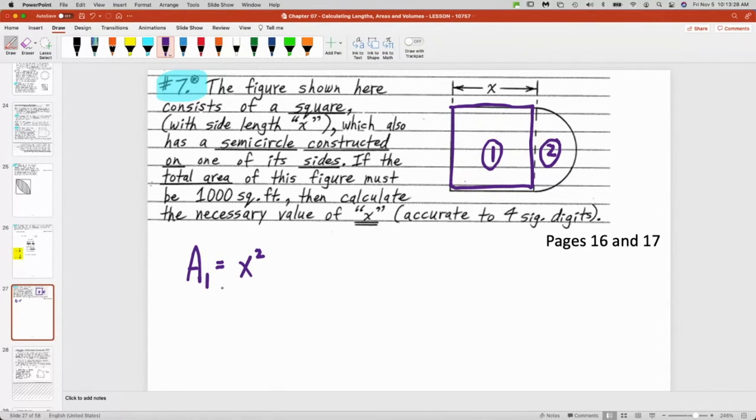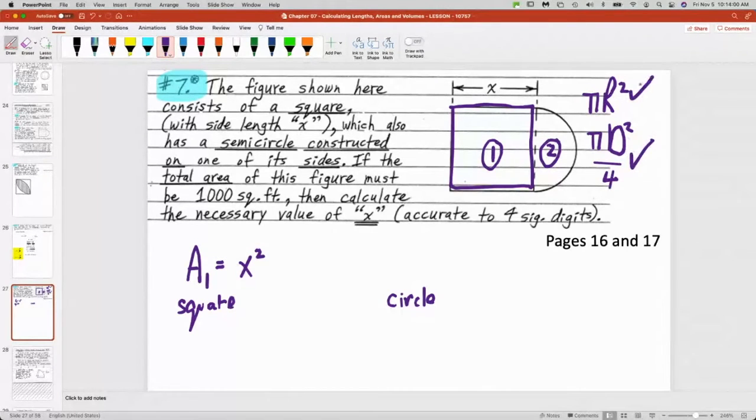Now the second figure is a circle. We have a formula for the area of a circle. I mentioned it on the previous page. I know that the area of a circle is pi r squared, but I also mentioned that it's pi times diameter squared over 4. Both of these formulas are good.